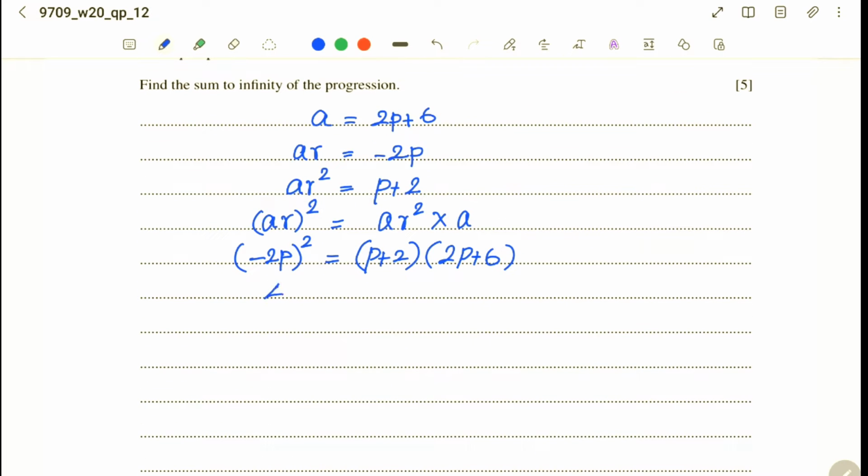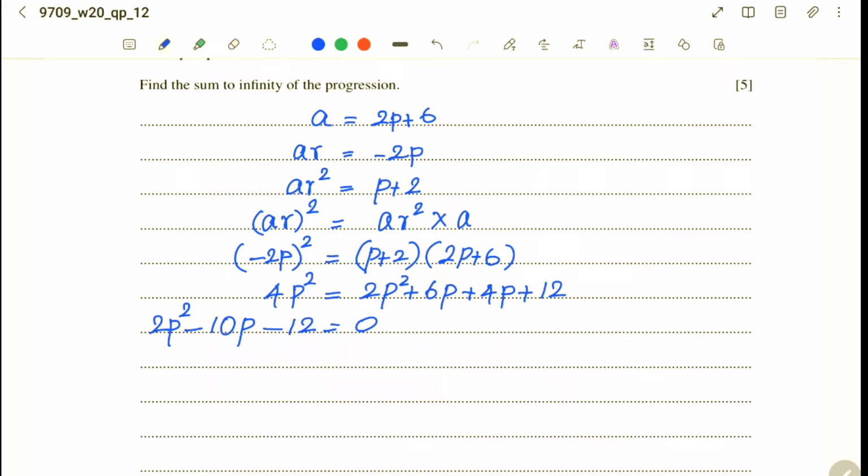So this is 4p² equal to, expanding the brackets, 2p² + 6p + 4p + 12. Bring all the terms to one side. We get 4p² − 2p² is 2p², minus 6 plus 4 is 10, so −10p, minus 12 equal to 0.